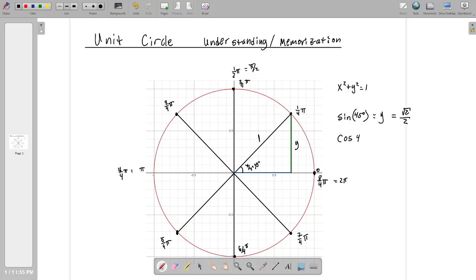So cosine of 45 degrees will equal the adjacent side divided by the hypotenuse, which is x divided by 1, or just x. And we know what cosine of 45 degrees is, again from Chapter 6, so we get root 2 over 2. So what that means is that our x and our y value are both root 2 over 2 for this coordinate. So the terminal point is root 2 over 2, root 2 over 2.